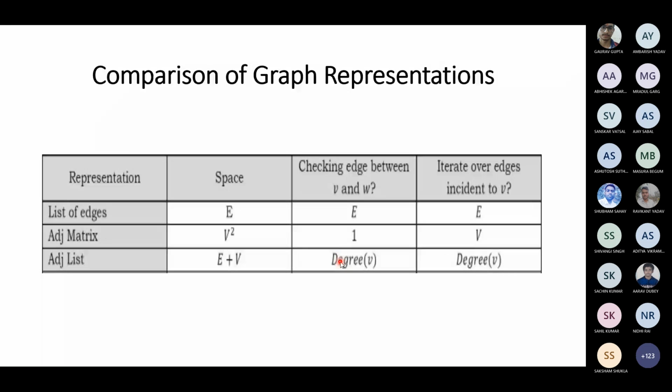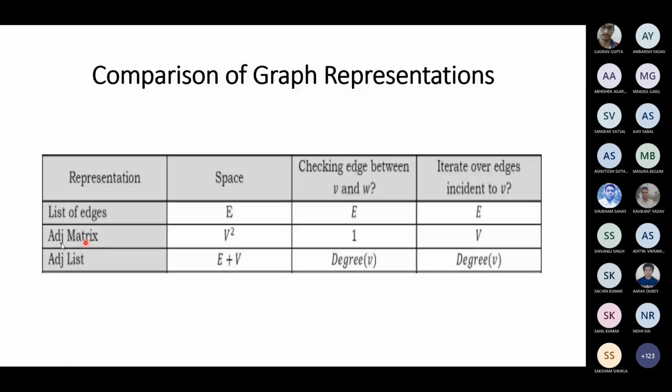Okay, so if you want to compare the list of edges, suppose there are E edges, and there is an edge between V and W. Simply, it is about how much space it will take.